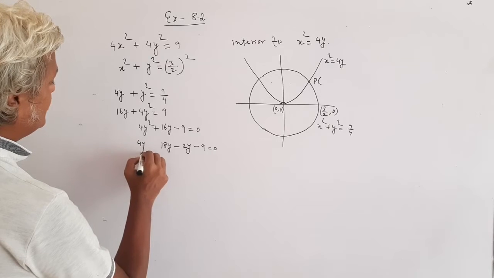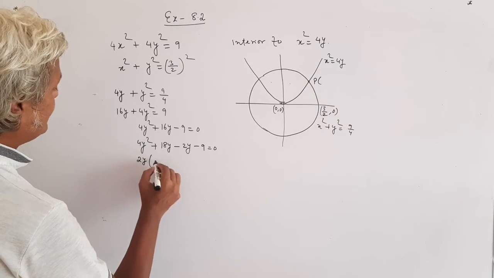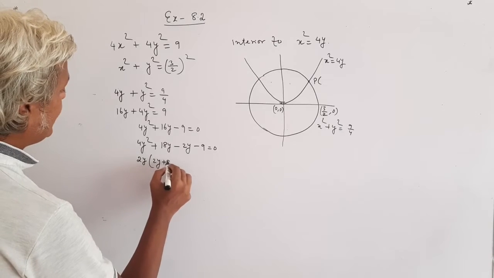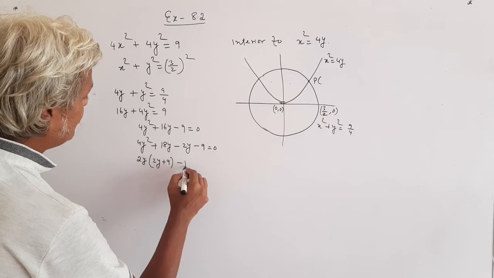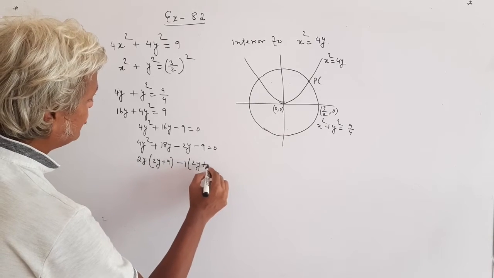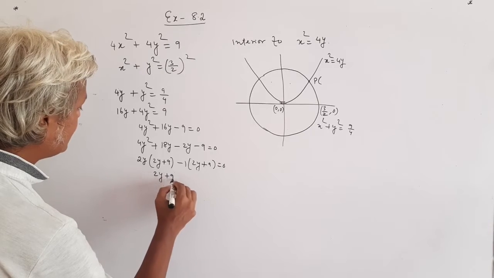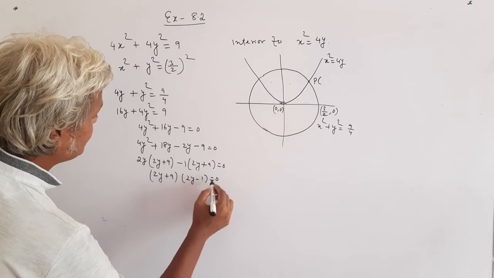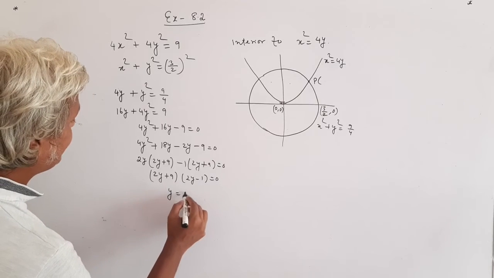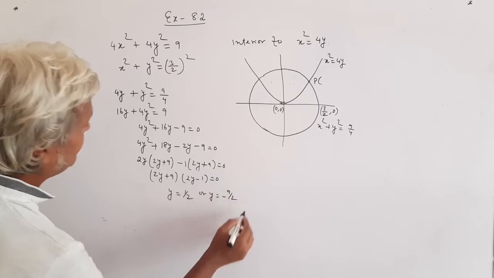You can take 2y common: 2y times (2y plus 9), minus 1 common, minus (2y plus 9) is 0. So this is (2y plus 9) times (2y minus 1) equals 0.